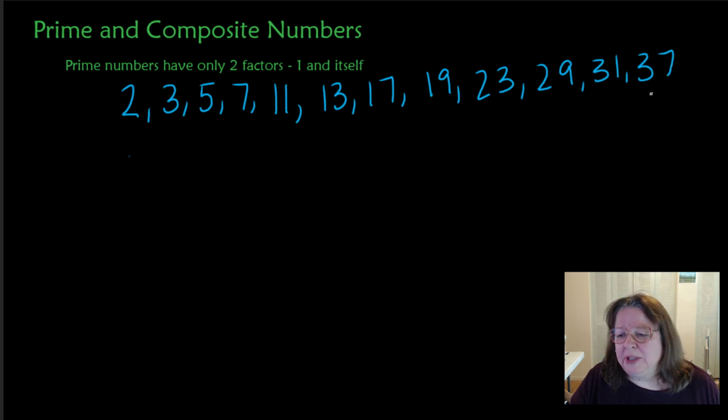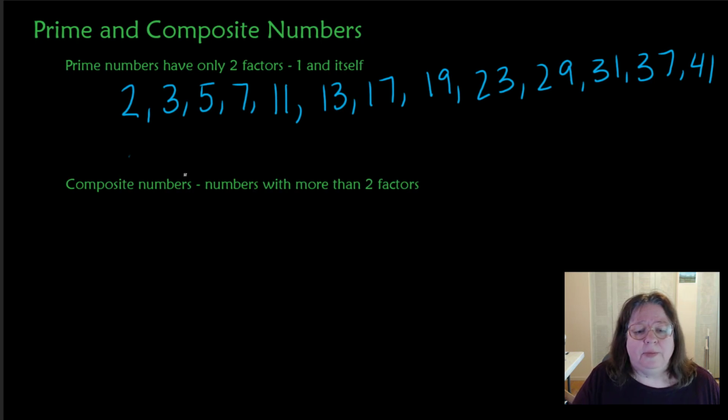As the numbers get higher, they get a little bit farther apart. I think after 37, let's see, 38, 39, 40, I think the next one is 41. And the next one, well, some of them are still close. 43 is also prime.